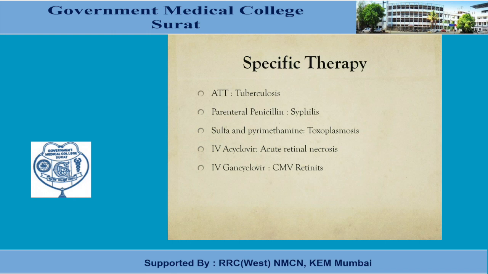Toxoplasmosis or acute retinal necrosis. We are not touching HIV-induced iridocyclitis because ophthalmic manifestations of HIV will be another lecture for you, right? But it is one of the reasons. Or cytomegalovirus retinitis, okay? These are opportunistic infections in case of HIV.